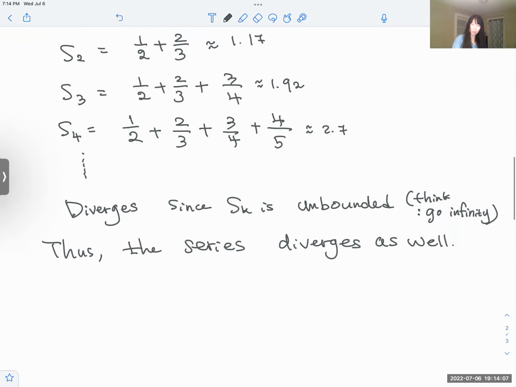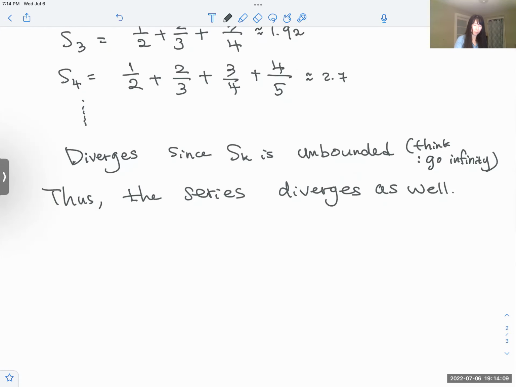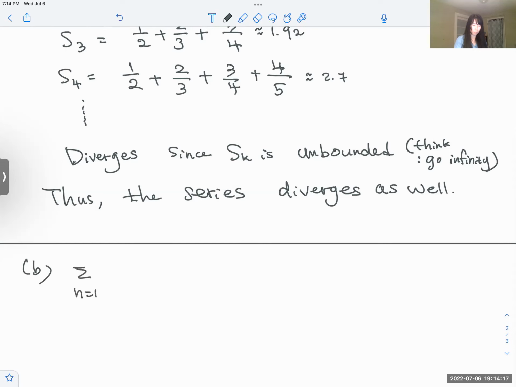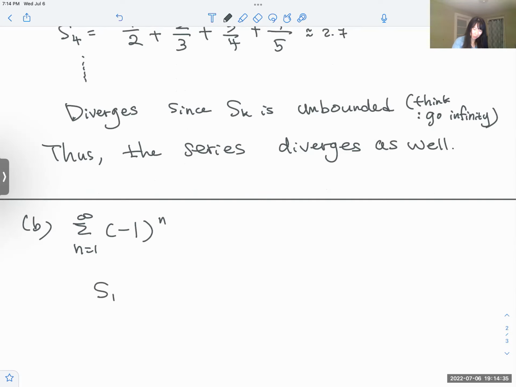Okay, now let us do this. So the partial sum, when n equal to 1, is -1.